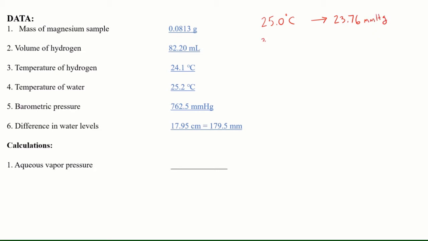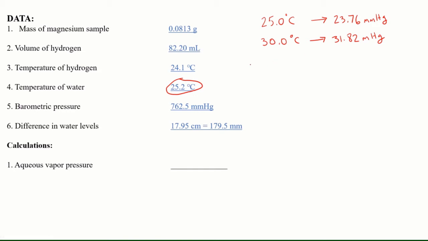At 30 degrees Celsius, the vapor pressure is 31.82 millimeters of mercury. Of course, our water temperature is 25.2 degrees Celsius, so we are much closer to 23.76 than we are to 31.82.